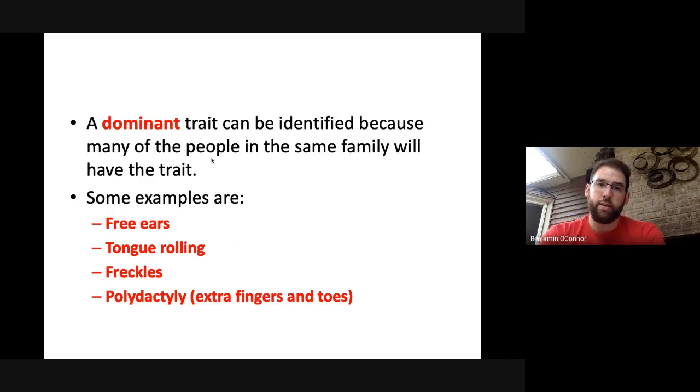Dominant traits include free ears, which means they're detached; tongue rolling, which means physically rolling your tongue into a tube, and that's genetic, some people just can't do that; freckles; and polydactyly, which is having extra fingers or toes. Hopefully you don't have an extra finger or toe.